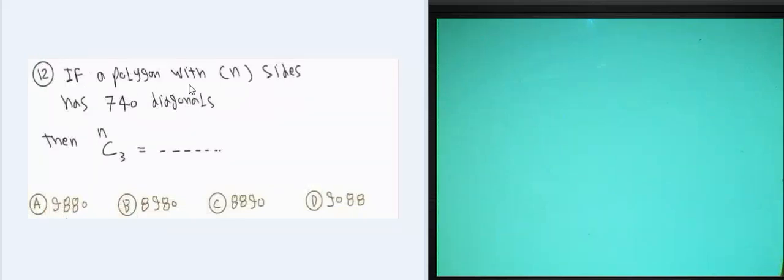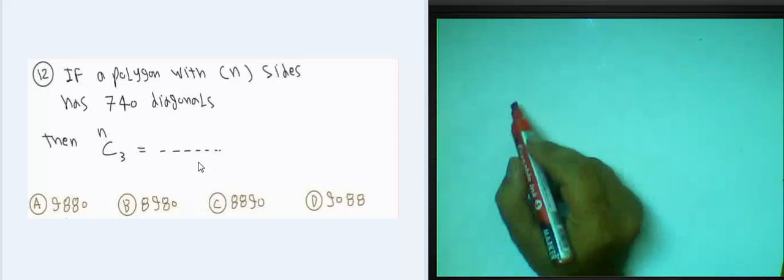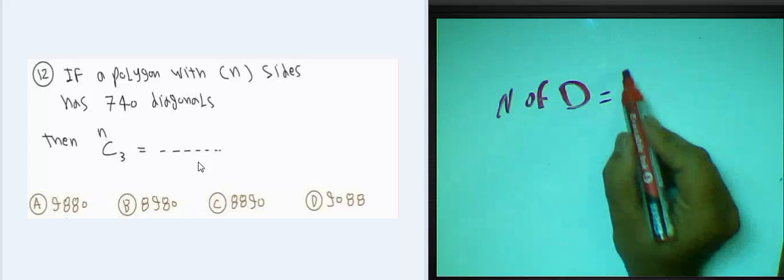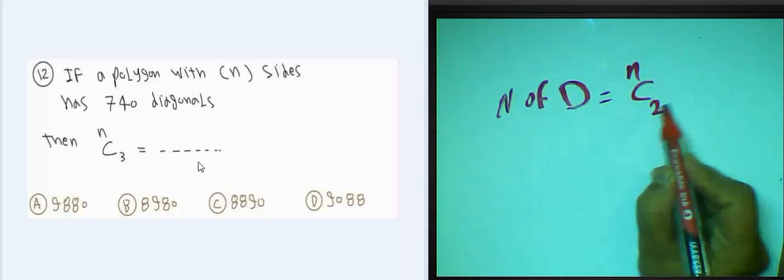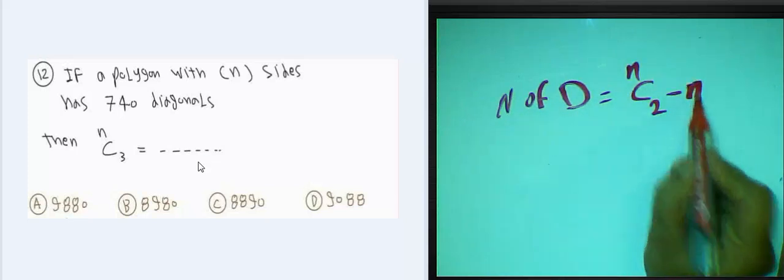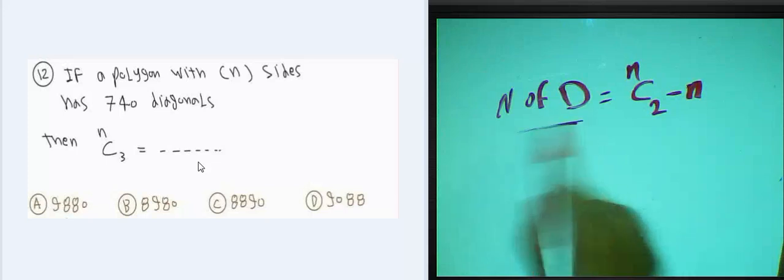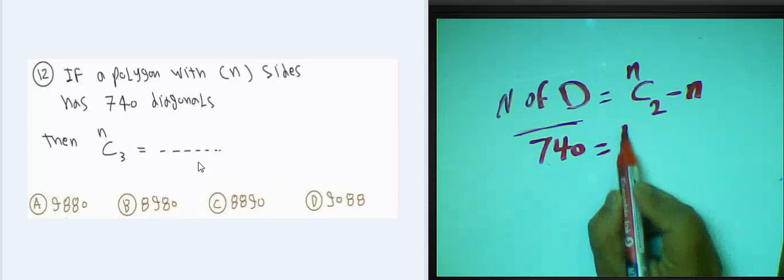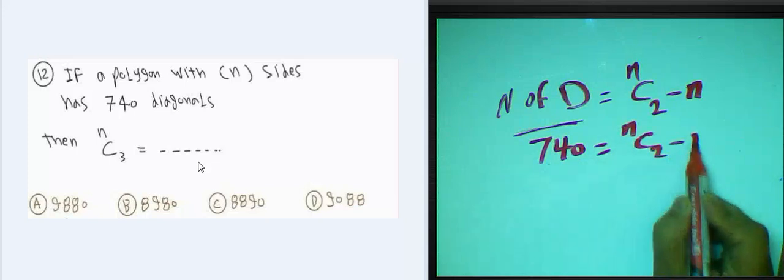Question 12. If a polygon with n sides has 740 diagonals, then n combination 3 equals what? We know the number of diagonals equals n combination 2 minus n. So the number of diagonals 740 equals n combination 2 minus n.